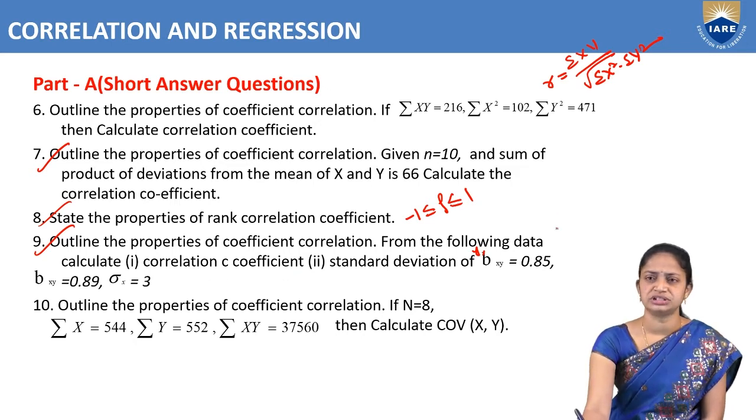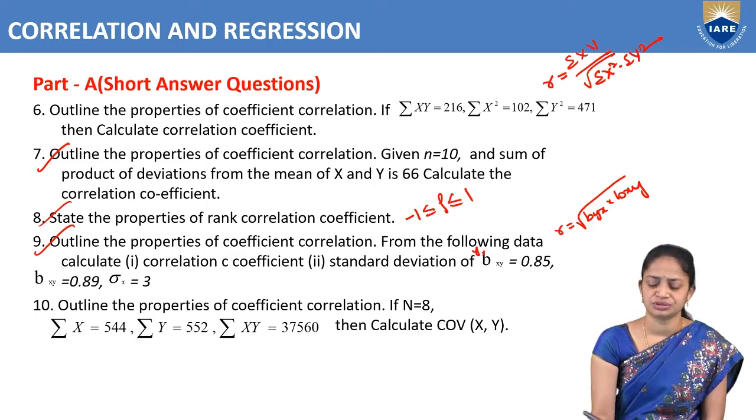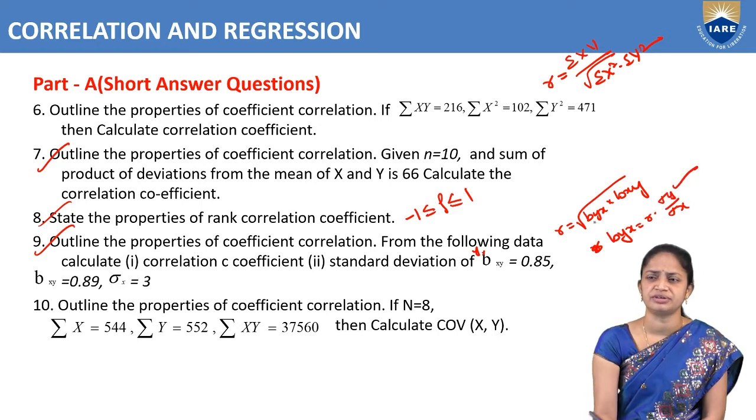Correlation coefficient r equal to under root of byx into bxy. This is the formula. We know that byx equal to r into sigma y by sigma x. From that we can calculate sigma y, because we have already found the correlation coefficient r and sigma x is given.